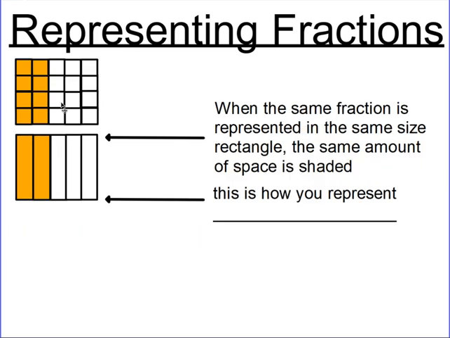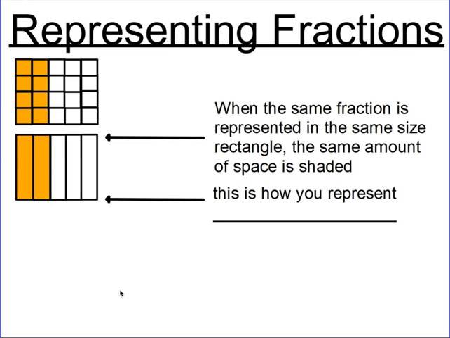Here we have two equal-sized rectangles. This rectangle is broken up into 20 equal-sized blocks. This one is broken up into 5 equal-sized blocks. In the top fraction, 8/20, we have 8 out of 20 shaded in. In the bottom one, we have 2 out of 5 shaded in. That's just the simplified version of 8/20.